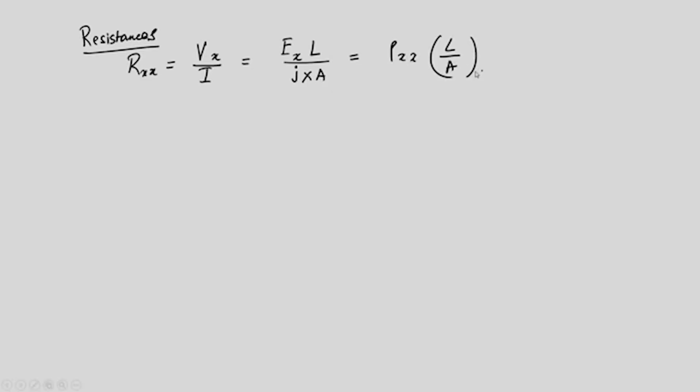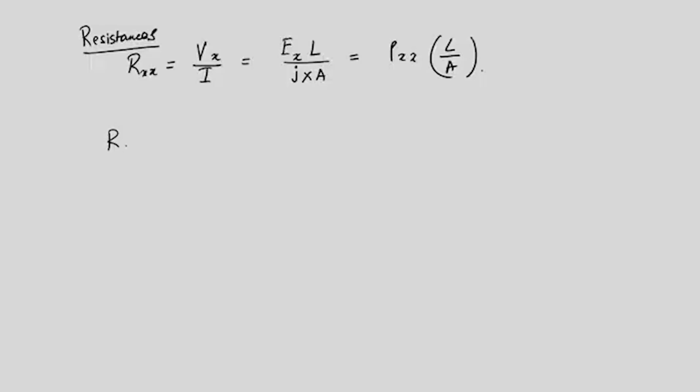So, this indeed, the resistance in the longitudinal direction is related to the resistivity in that direction, that is longitudinal direction, by this geometrical factor, which is L over A. L is the length of the sample and A is the area of that face which I have marked.